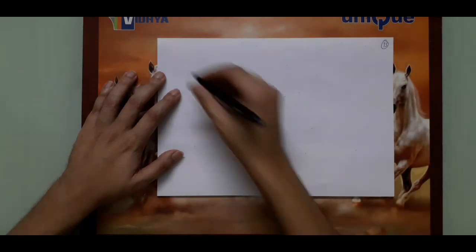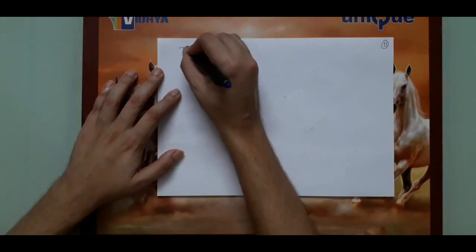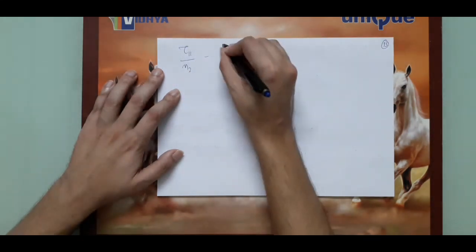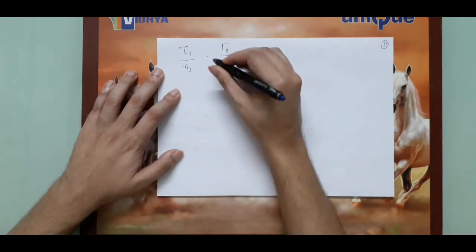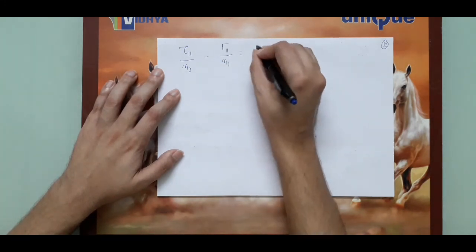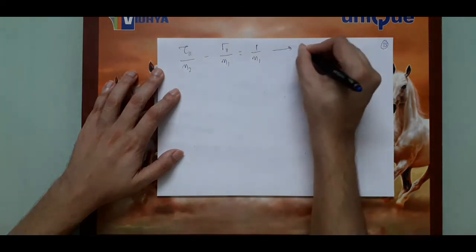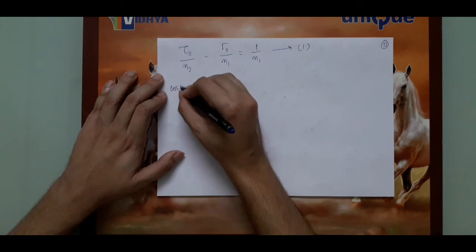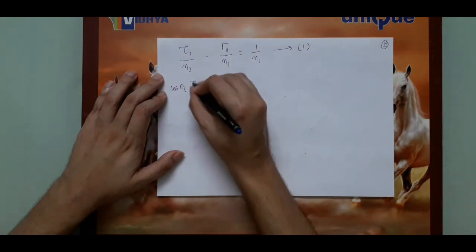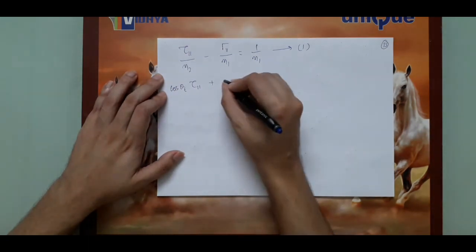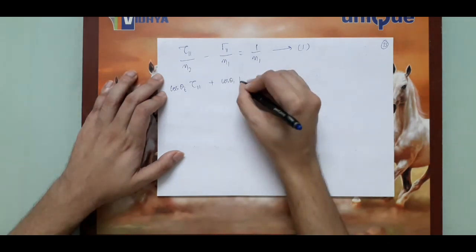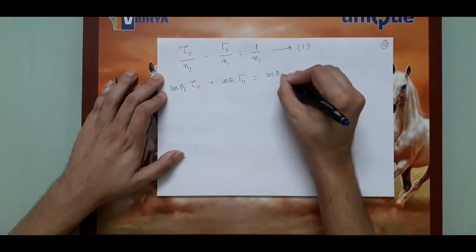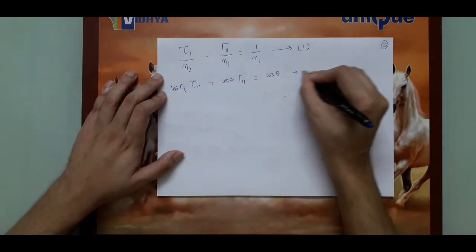Now you can prove that the first equation will be tau parallel divided by eta 2 minus gamma by eta 1 equals 1 by eta 1. This is the first equation. And the second equation is cos theta t times tau plus cos theta I times gamma is equal to cos theta I. And this is the second equation.